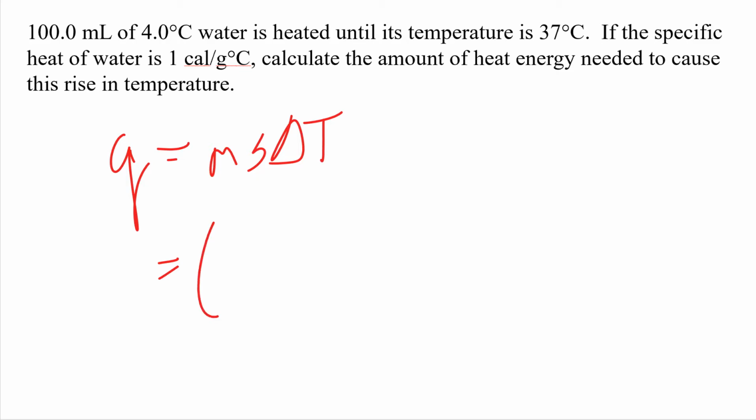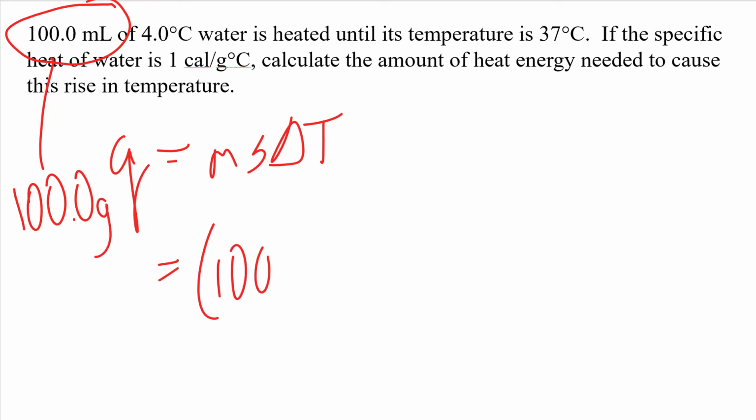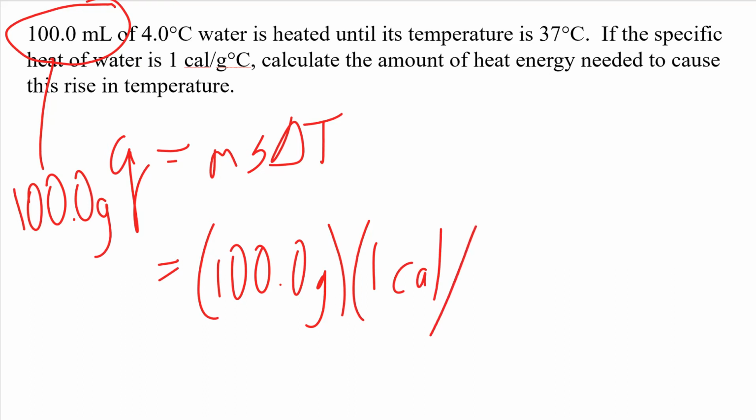For the mass, we see that it's 100 milliliters. Now we learned from the density section of this course that 1 milliliter is 1 gram. So if it's 100 milliliters of water, it's 100 grams of water. So we put 100.0 grams here. And then we put S, which is 1 calorie per gram Celsius.